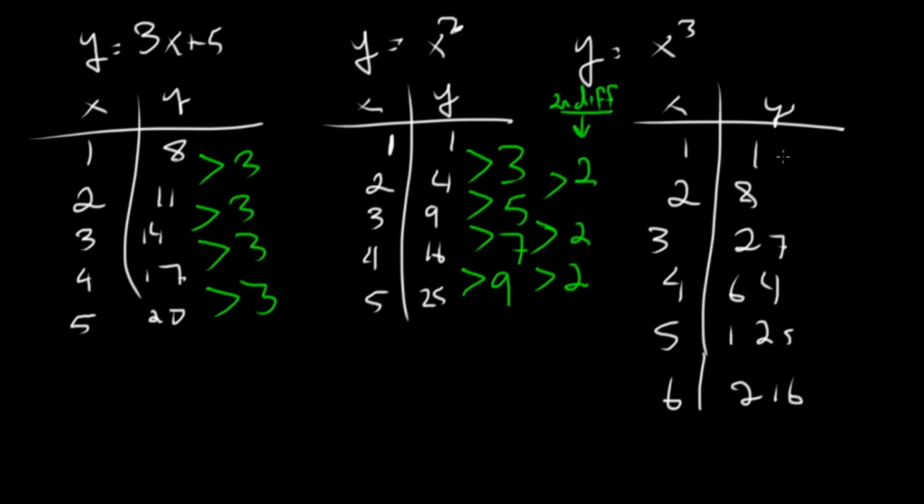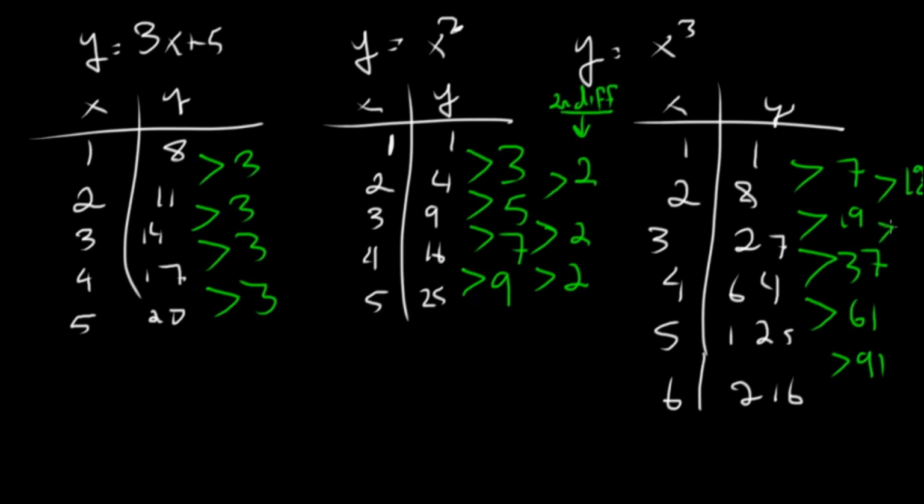How about a cubic? We have 7. Here we have 19. Here we have 37. Here we have 61, and here we have 91. This is not constant, but let's take it one step further. We have 12 here. Oh, going off the page, sorry.